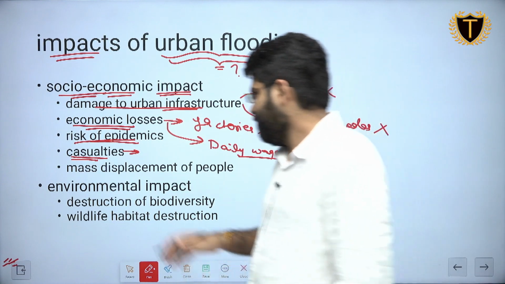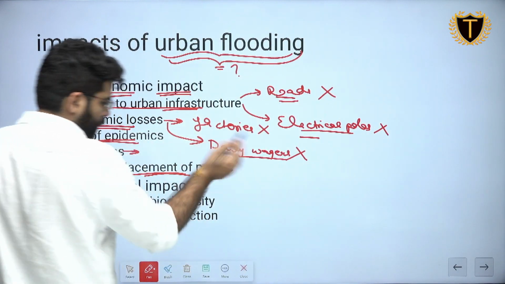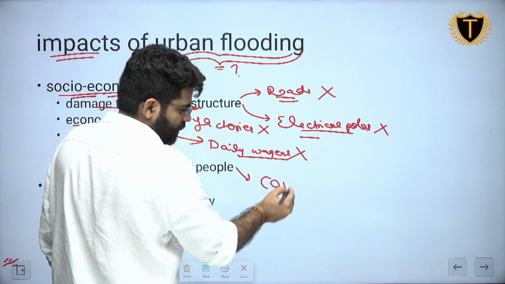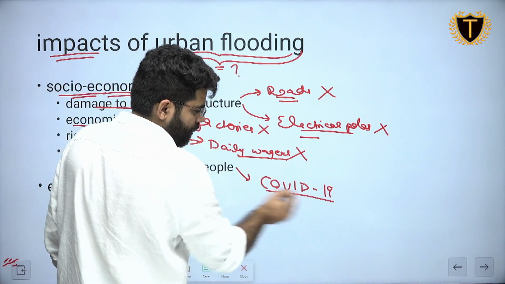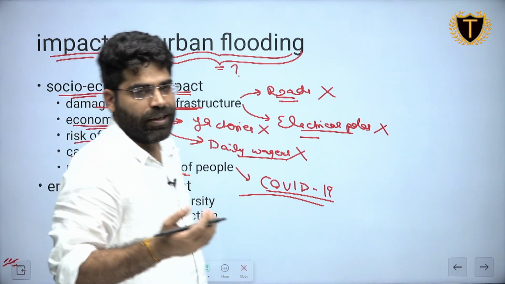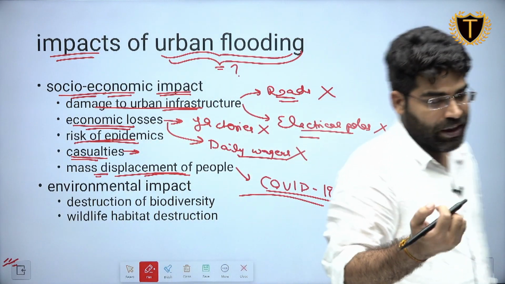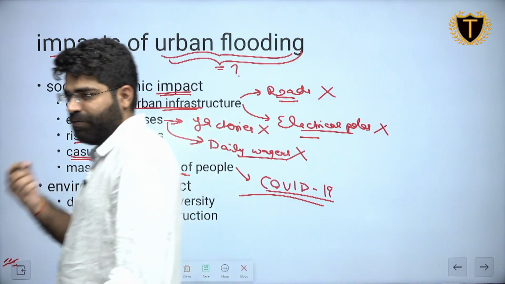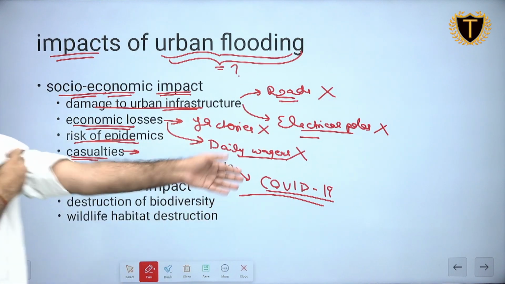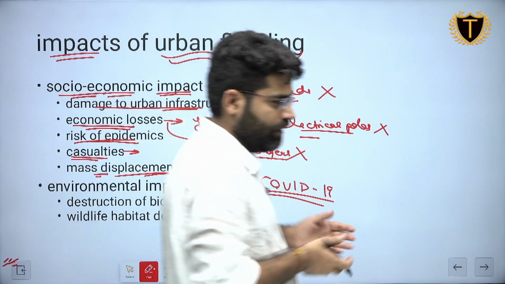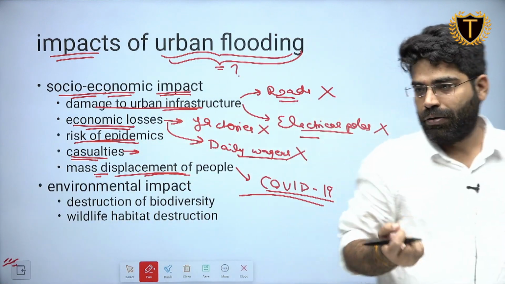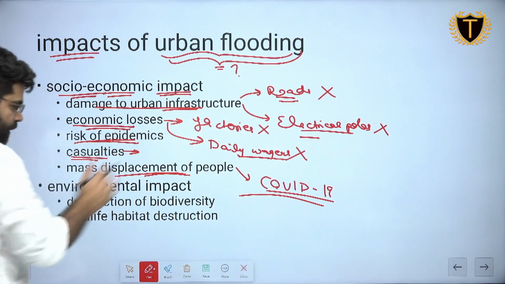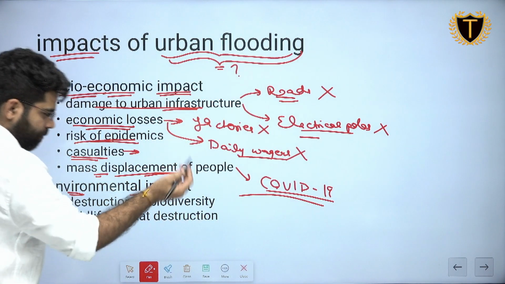Then we have mass displacement of people, and it is in our fresh memory, the COVID-19 migration, which was one of the largest in 500 to 600 years of the history of India. Many people left their urban setting and workplace and left for their villages just because of the fear for their life.